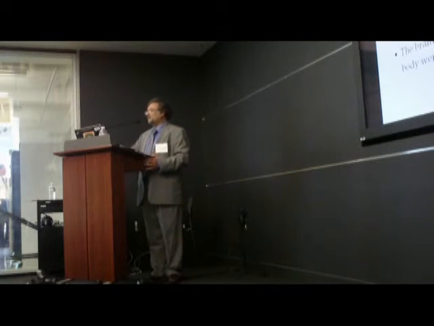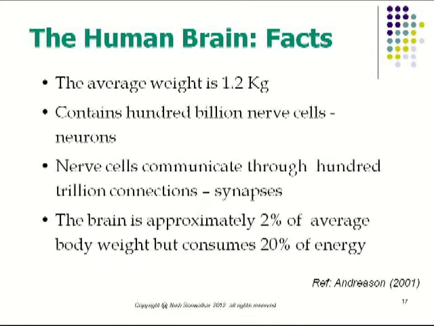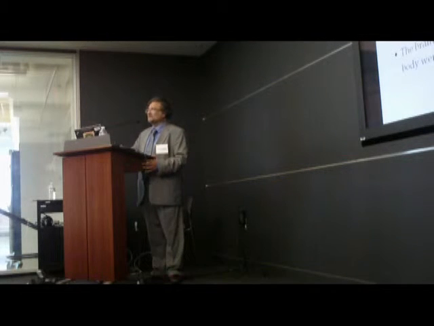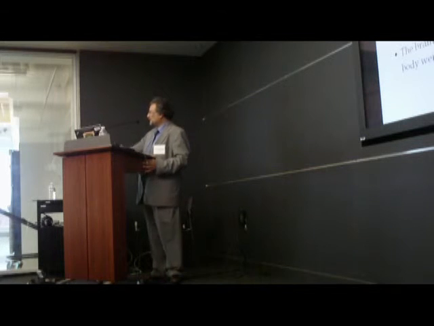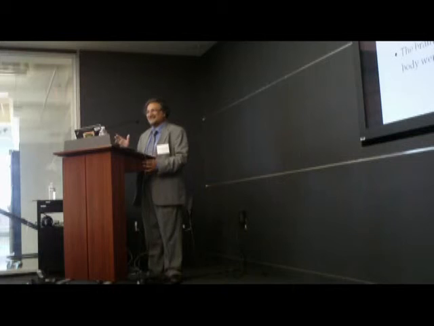The brain is only 1.2 kilograms in weight on average, and it has 100 billion nerve cells which connect into 100 trillion synaptic connections, or synapses, and synaptic global learning. But at 2% of average body weight, it consumes 20% of your energy. So it's a high energy consuming device. All the sugar that you just ate, where did it go? Right into your brain, serving the brain.